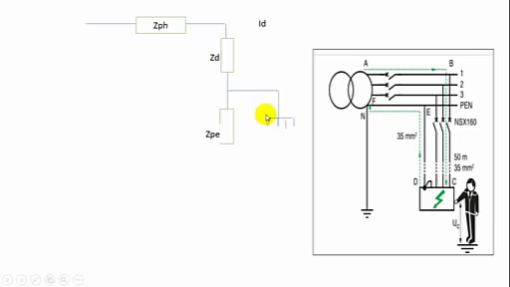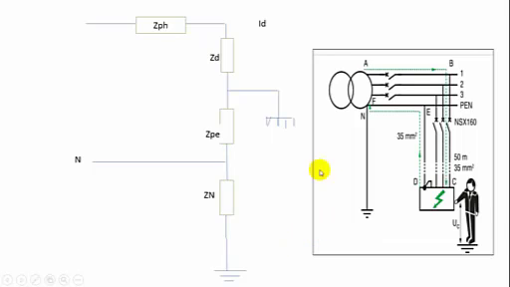We have the masses, and we have the neutral, and we represent the impedance of the neutral and the impedance of the earth.